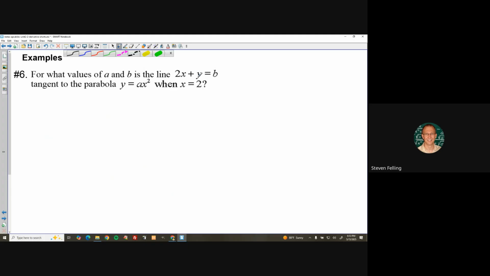All right. Well, the first thing we could do is say, just think about this for a second. If you have a parabola, y equals ax squared has this general form for positive a. And then at x is 2, if we wanted there to be a tangent line, this line to be tangent, then what would have to be true here?